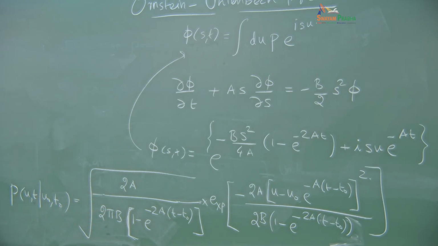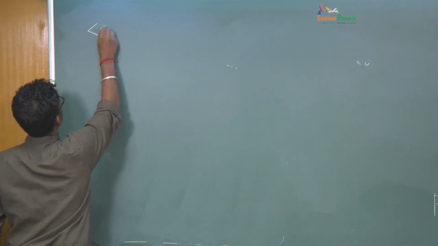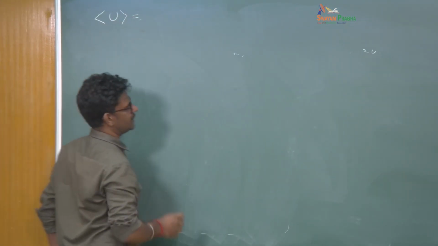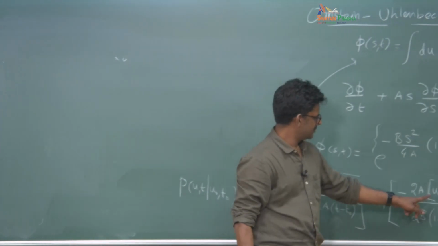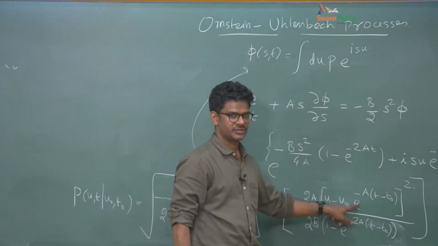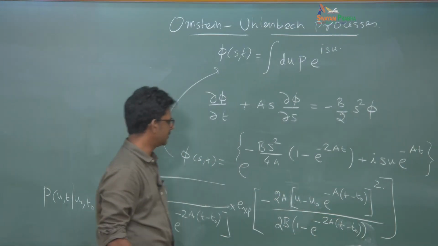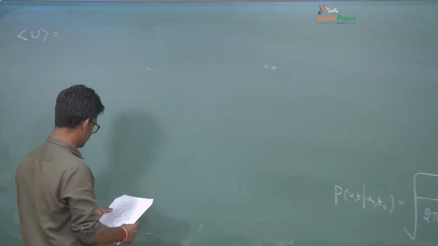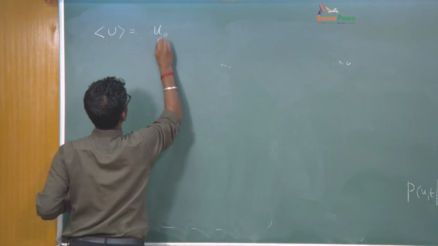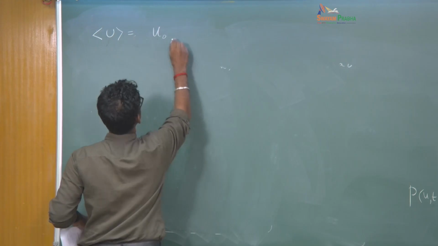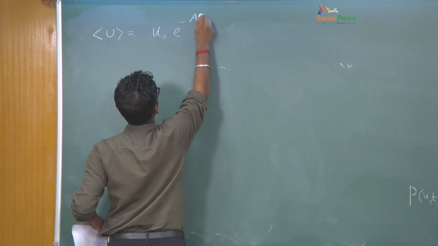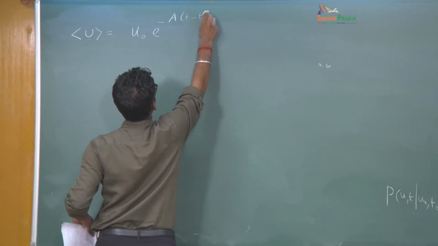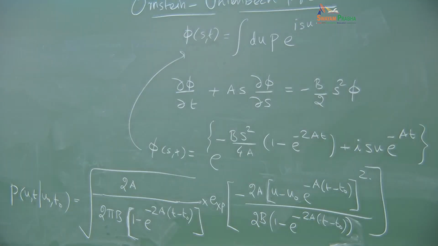Here you will see that the mean of u is u naught e to the power minus a times (t minus t naught). That is your mean value.